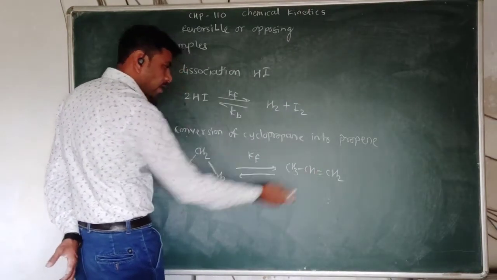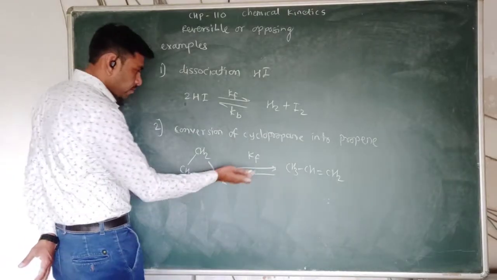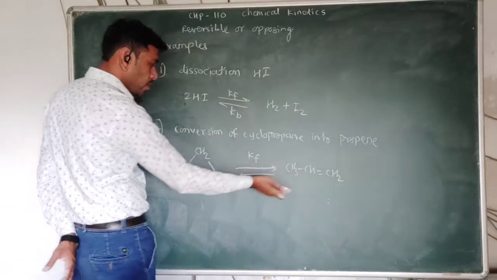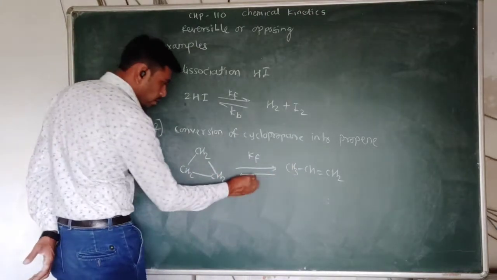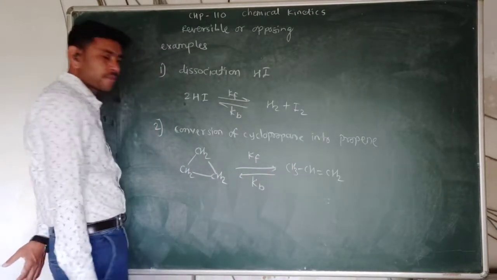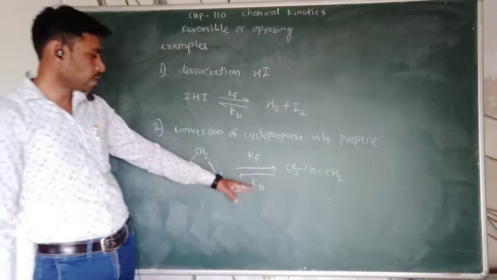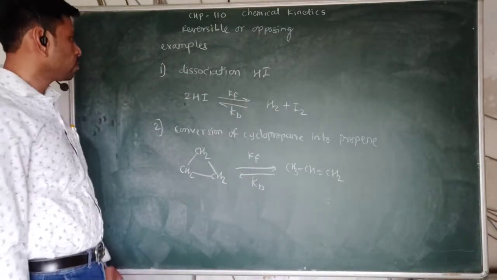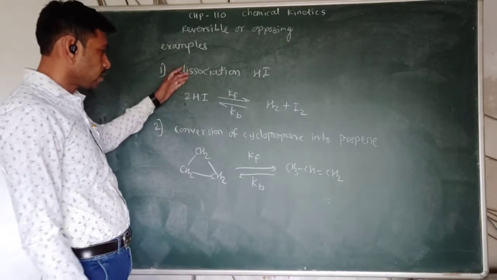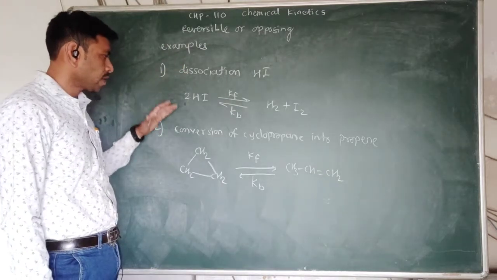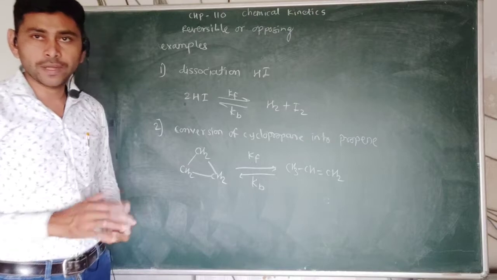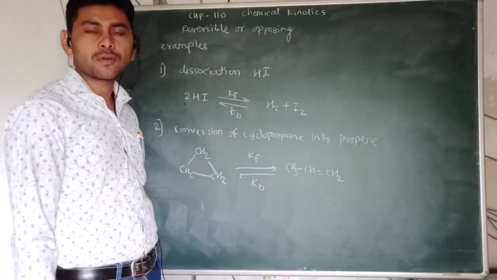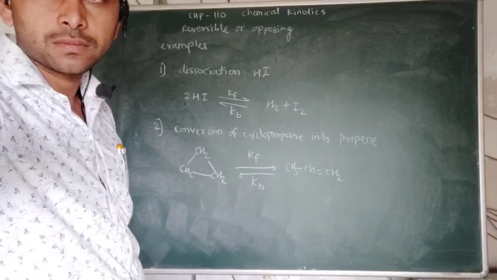Again there is a possibility of this propene reacting back into cyclopropane, and the rate constant for that reaction is Kb, the backward reaction. So the dissociation of hydrogen iodide is an example of this type of reaction, and the conversion of cyclopropane into propene is an example of these opposing reactions.